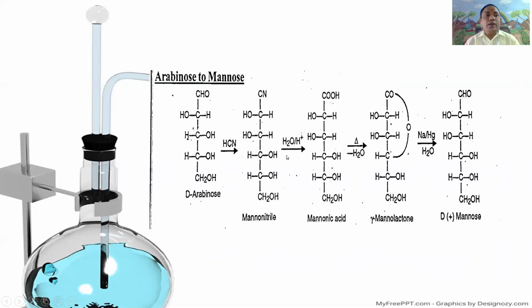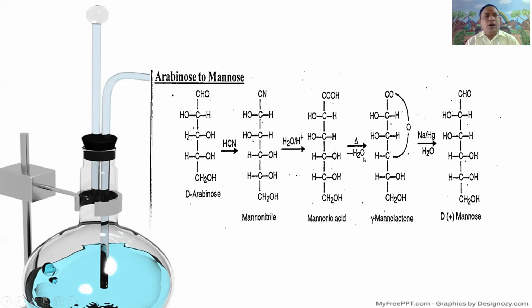This mannonitrile undergoes hydrolysis in acid media to give mannonic acid, COOH, CHOH, CHOH, CHOH, CHOH, CH2OH. It is called mannonic acid.